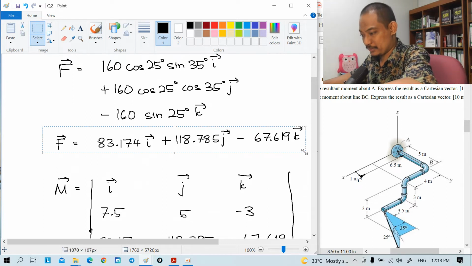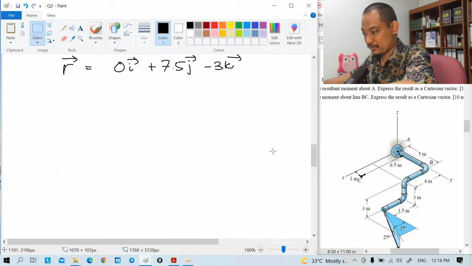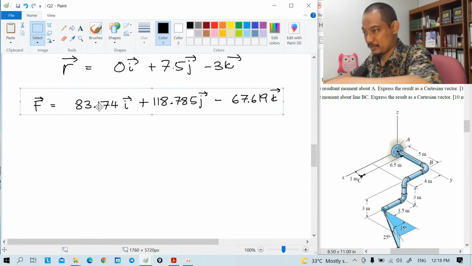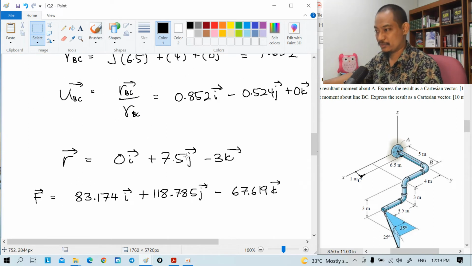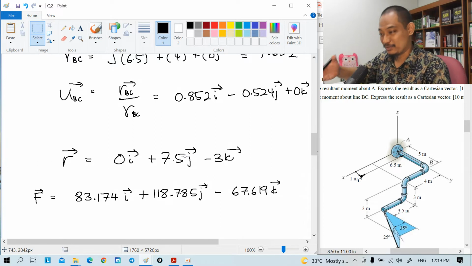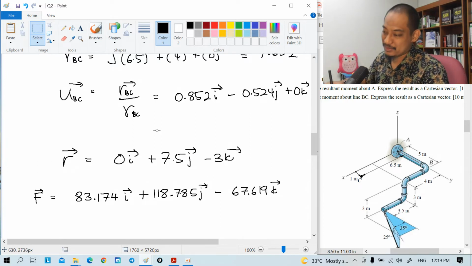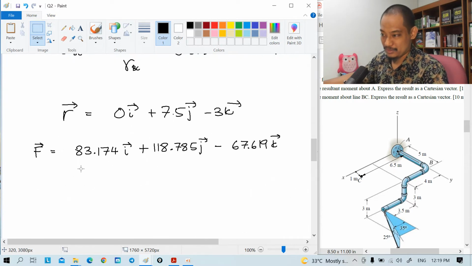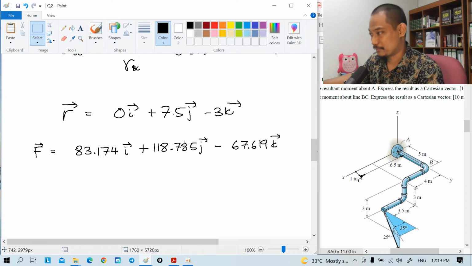If you copy and then paste, right? Of course in the real exam you cannot do such copy and paste, so let's give you 1 minute to write this one. So F is just repeating the same as before, which is 83.174 i plus 118.785 j minus 67.619 k Newton.